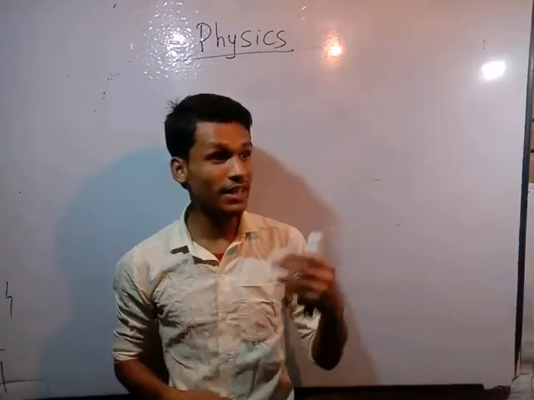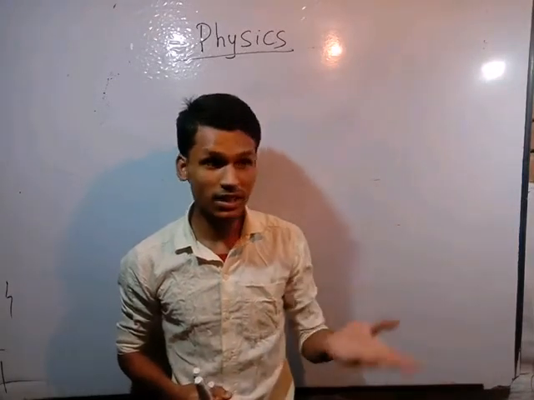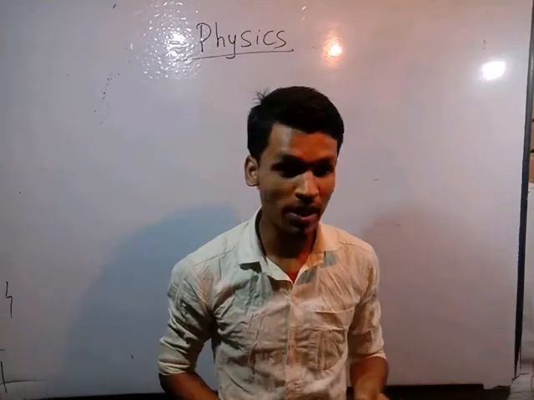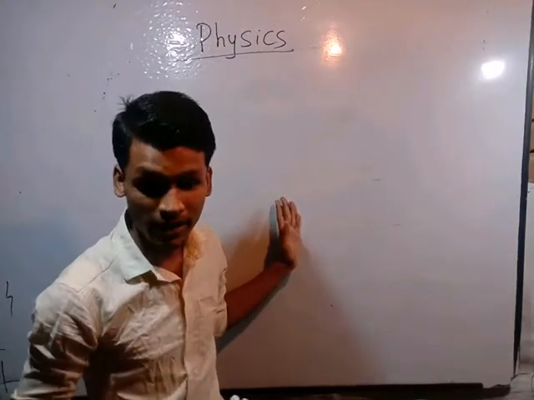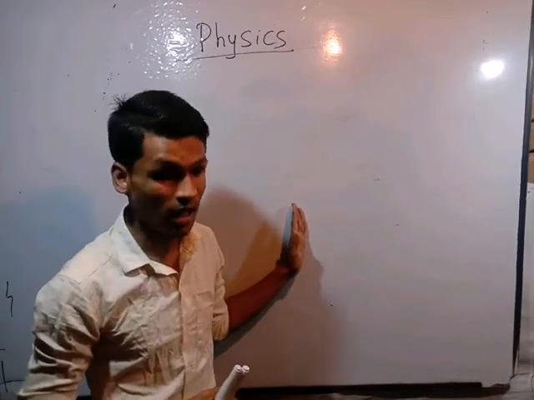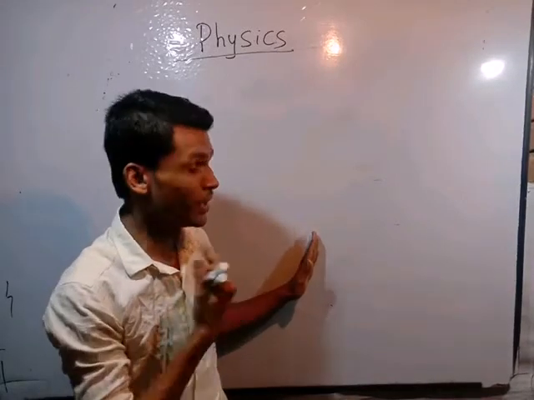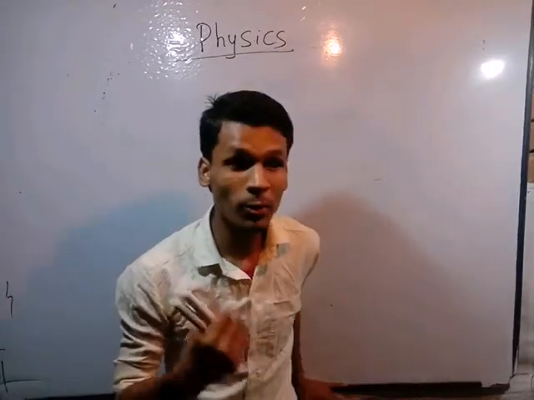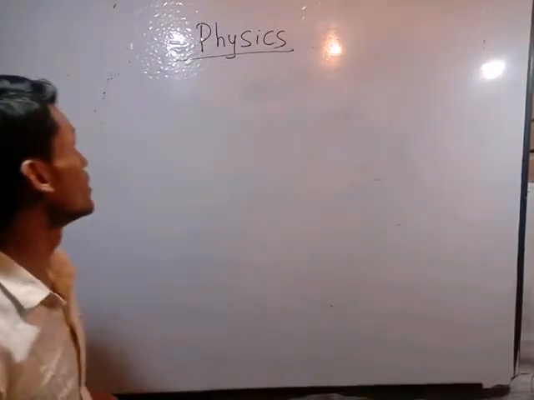If the body is accelerated in motion, then it is a non-inertial frame of reference. In inertial frame of reference, Newton's law is valid, but in non-inertial frame of reference, Newton's law is not valid. In inertial frame Newton's force is accurate, but in non-inertial frame we have to study about pseudo force. Now start the definition.